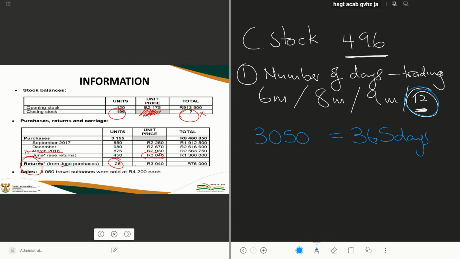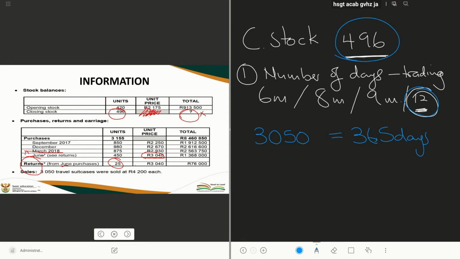So if that is what we sold, therefore, we want to know how long, in terms of days first, how long it will take us to sell the 496.